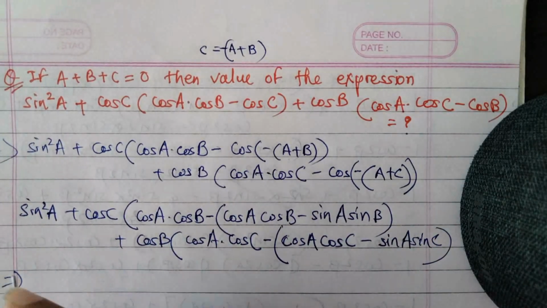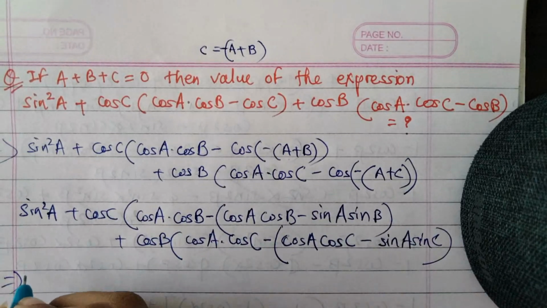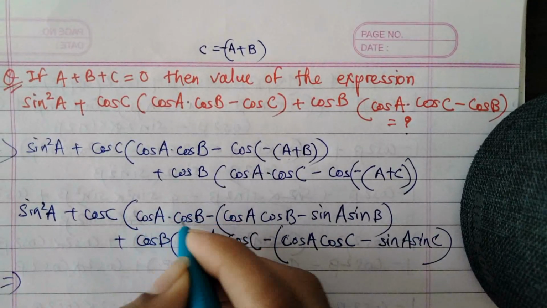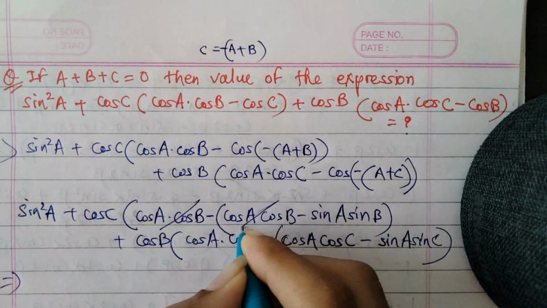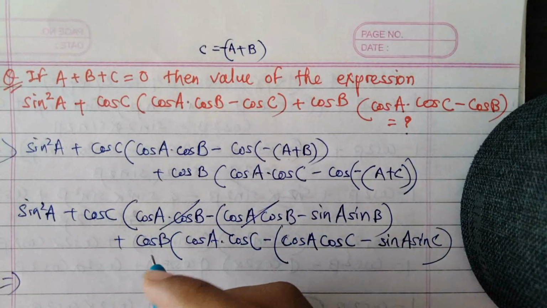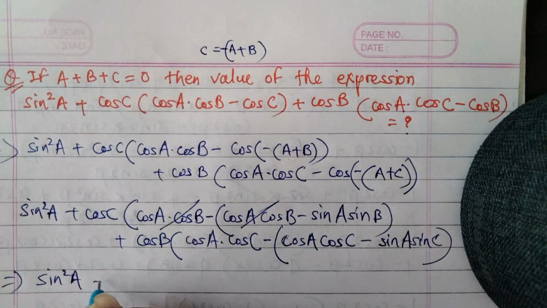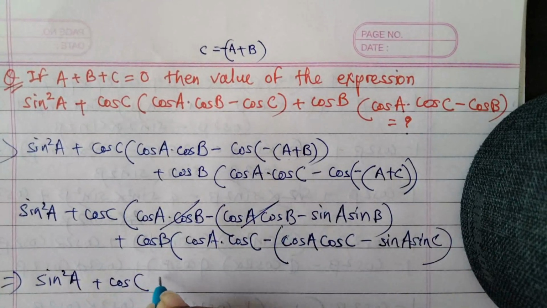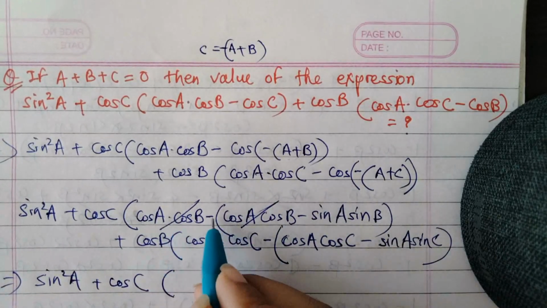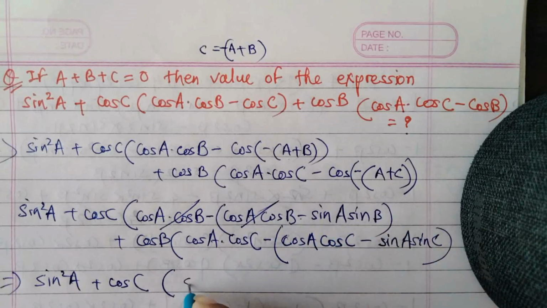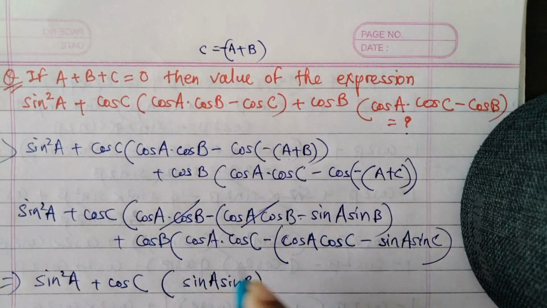Alright. Then this will become, so here plus cos A cos B and minus cos A into cos B will get cancelled, and then inside the bracket we will get cos C into plus sin A sin B, right?